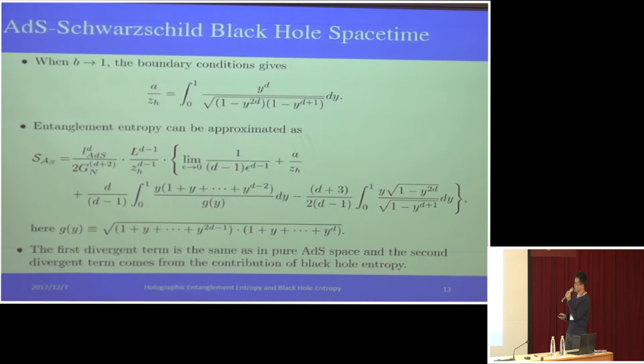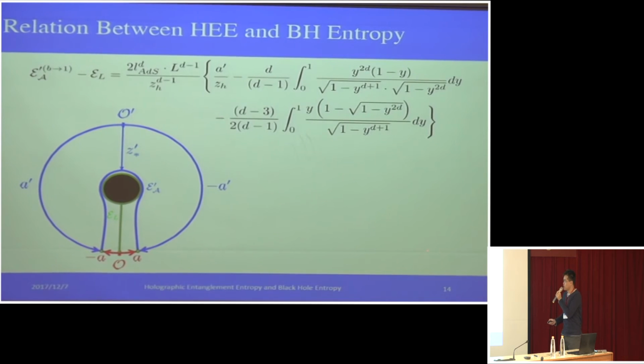You can observe that this divergence term is proportional to z_h to the power of d, which is proportional to the entropy of this black hole. So when A goes to infinity, this z_star goes to z_h.